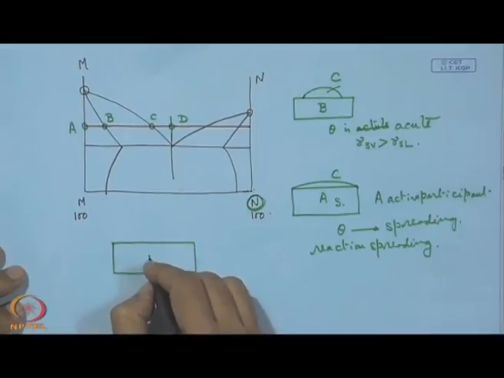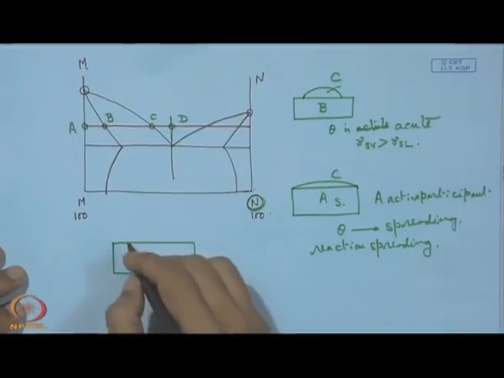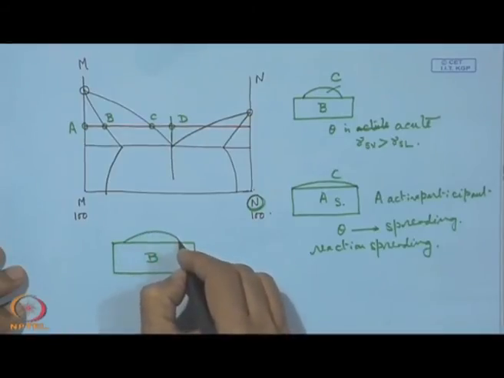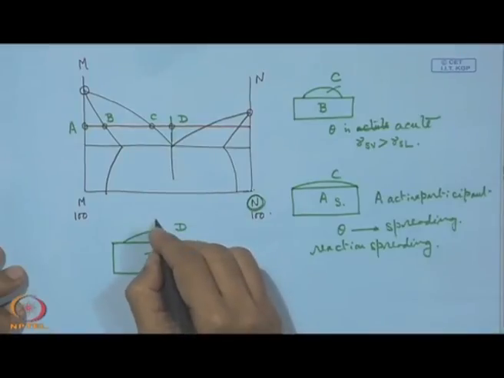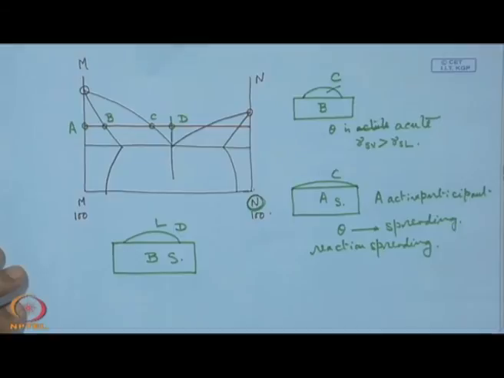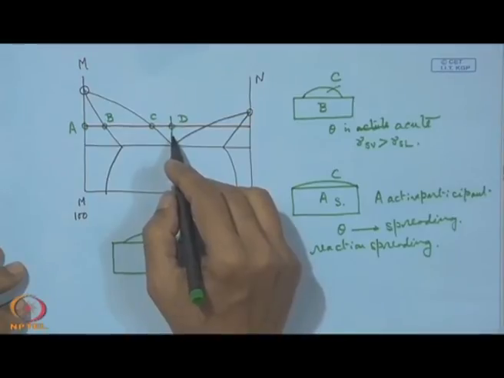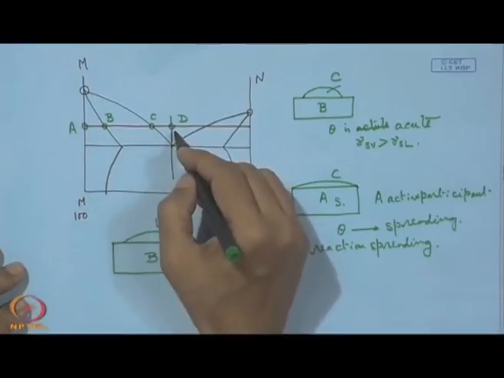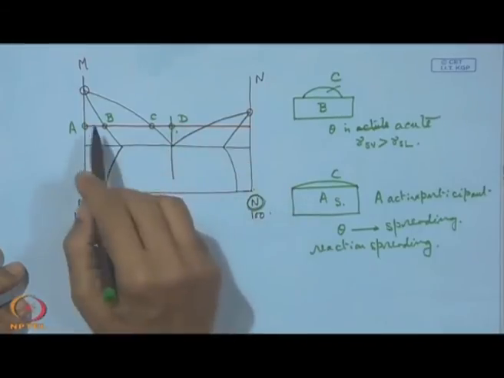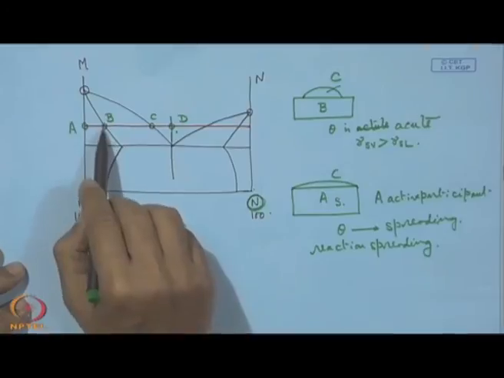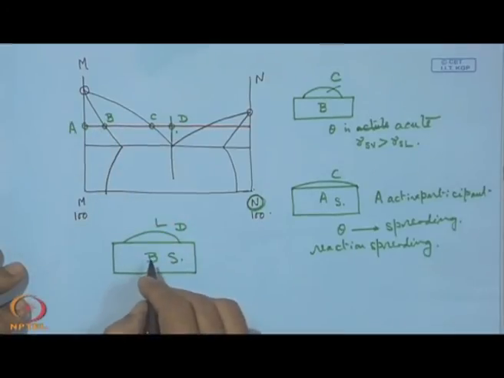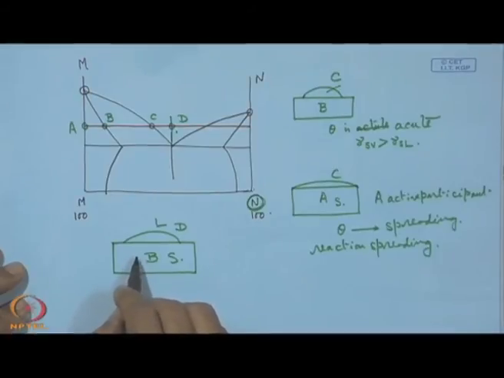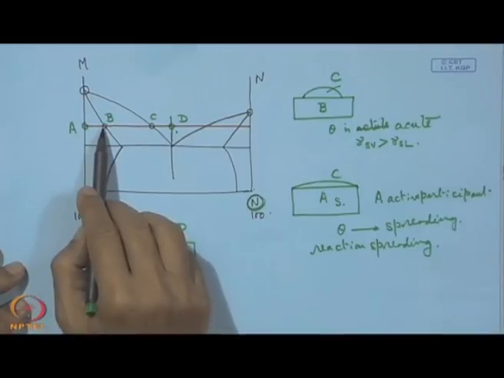Now, we can consider another situation where this solid B is in contact with D. So, liquid D and solid B. In this case also we do not see any active participation of the solid B, though the liquid D can dissolve some of the element M from B. That means this D can dissolve some of the element M from the composition B. However, B composition as such will not change, because it is already at a saturated level.